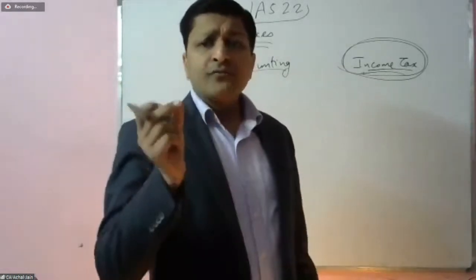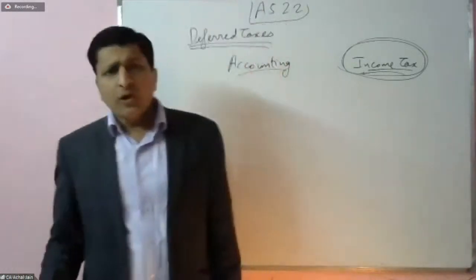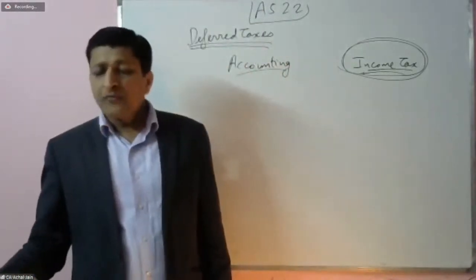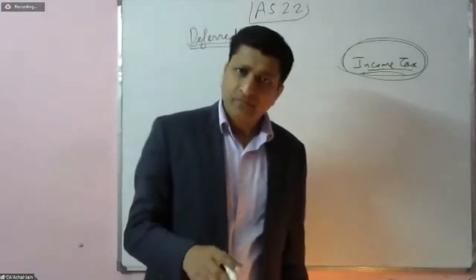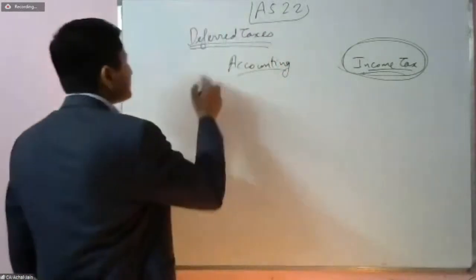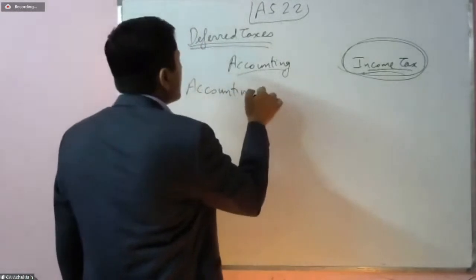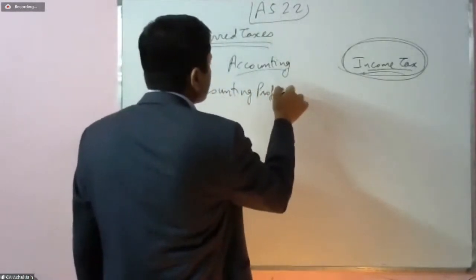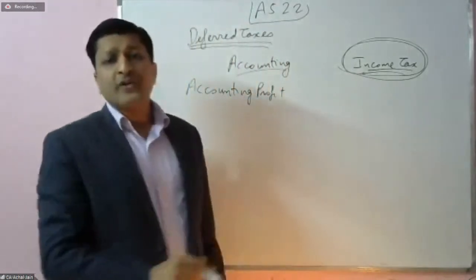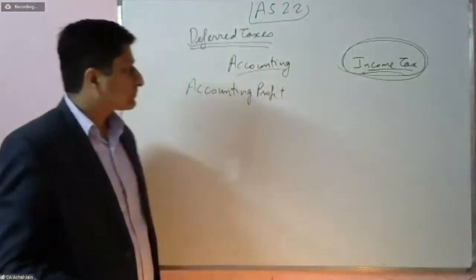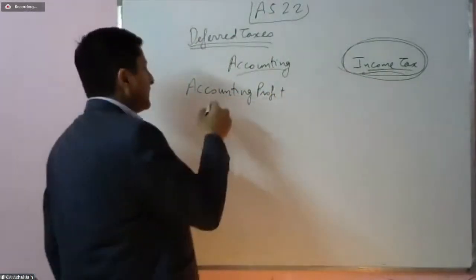This profit or loss which we compute in the statement of P&L. We all know that the profit or loss is computed in the statement of P&L. Accounting profit, or the profit as per the books of accounts, how do we get it? Through the statement of P&L.